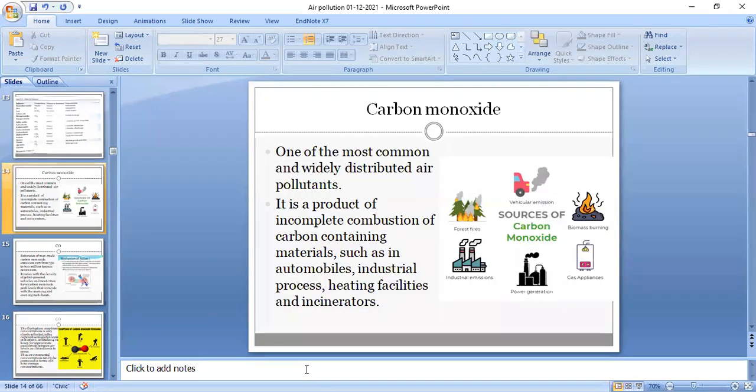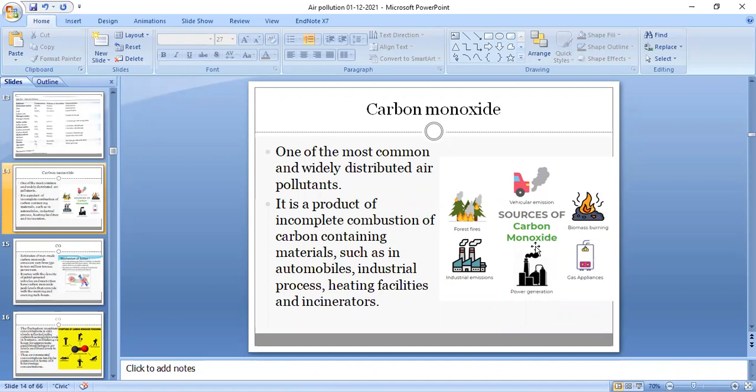Now the carbon monoxide. It is one of the most common and widely distributed air pollutants. It is a product of incomplete combustion of carbon-containing material, such as in automobiles, industrial processes, heating facilities, and incinerators.